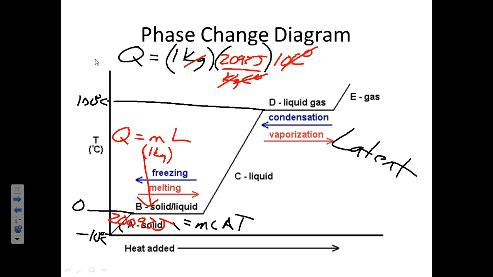So 334 joules per gram would be how many joules per kilogram? We'd have to go 1,000 grams, 1 kilogram, right? So it'd be 334,000 joules per kilogram.